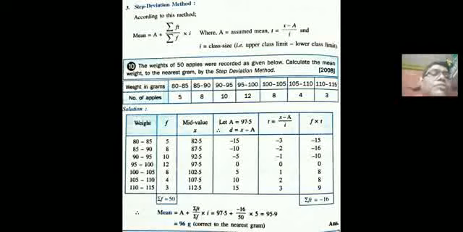This column will be minus 15, minus 10, minus 5, 0, 5, 10, 15. Then find t, which is d by class size, or x minus a by class size. The class size is 5, so minus 15 by 5 is minus 3, minus 10 by 5 is minus 2, so minus 3, minus 2, minus 1, 0, 1, 2, 3.